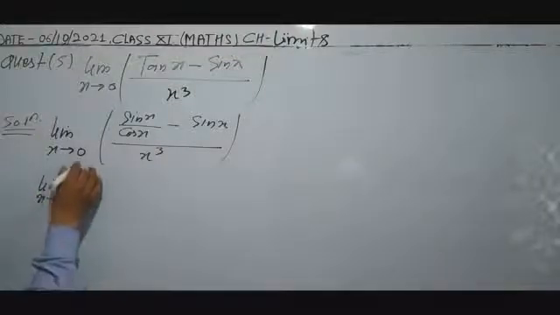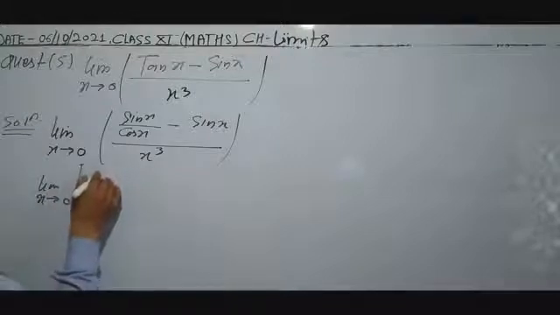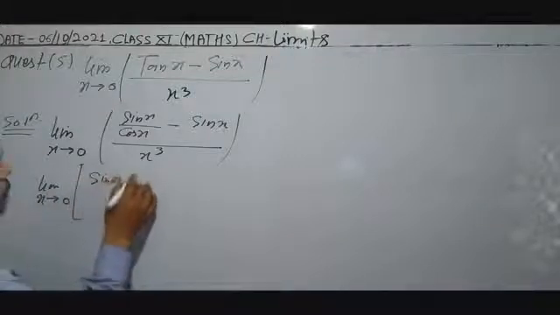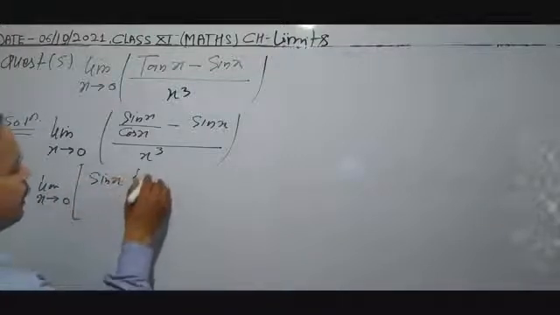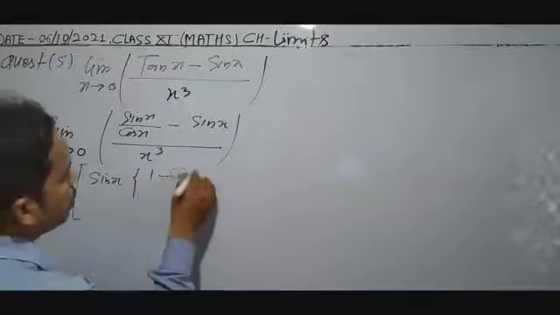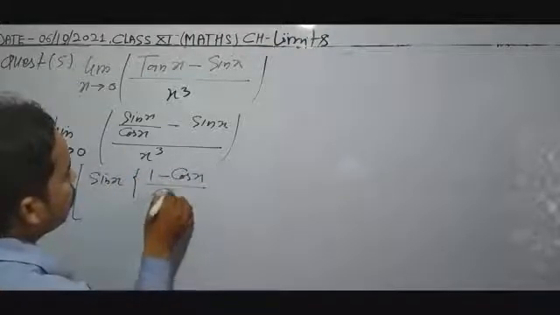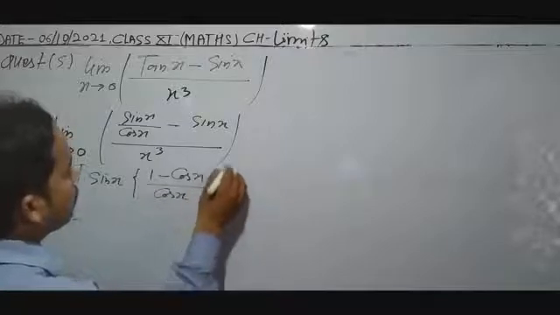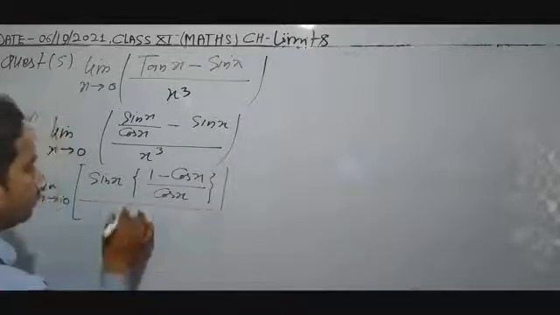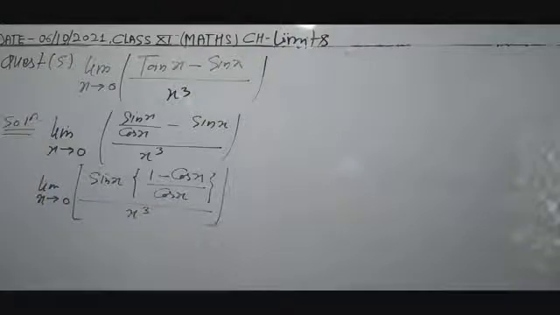Limit x tends to 0, sin x in curly bracket 1 minus cos x upon cos x, and whole upon x cube.